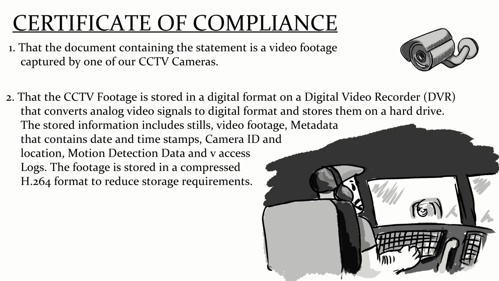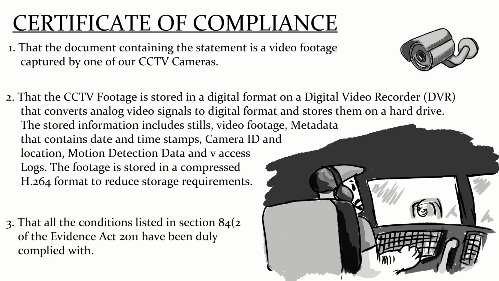The stored information includes stills, video footage, metadata that contains dates and timestamps, camera ID and location, motion detection data, and access logs. The footage is stored in a compressed H.264 format to reduce storage requirements. 3. That all the conditions listed in Section 84 Sub 2 of the Evidence Act 2011 have been duly complied with.